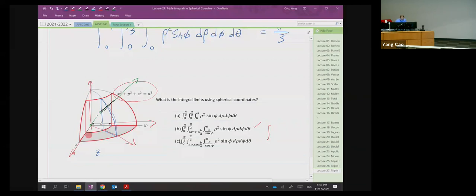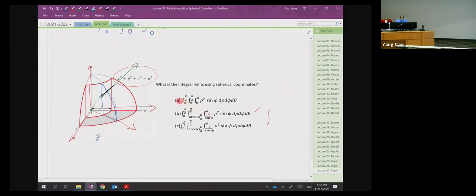So the question is to pick the right choice. If you're looking for the volume of the region D, what would be the right limits for the calculation of this triple integral using spherical coordinates?